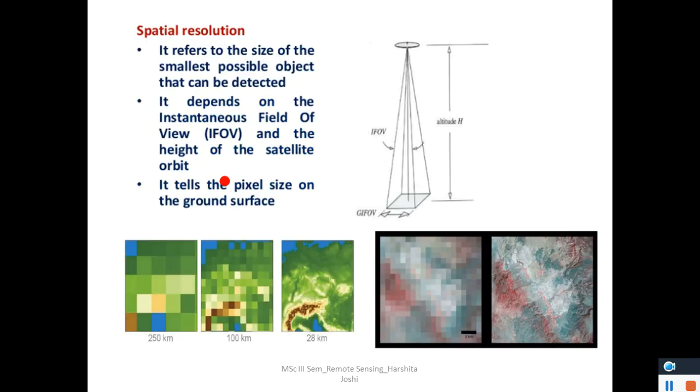Let us understand the spatial resolution first. You directly see these figures. Here it is very blurred, right? It is difficult to identify anything. Here it is a little less blurred, we can say. Some river kind of a structure is seen. Now see here, you can see pixels, the number of pixels is increasing.